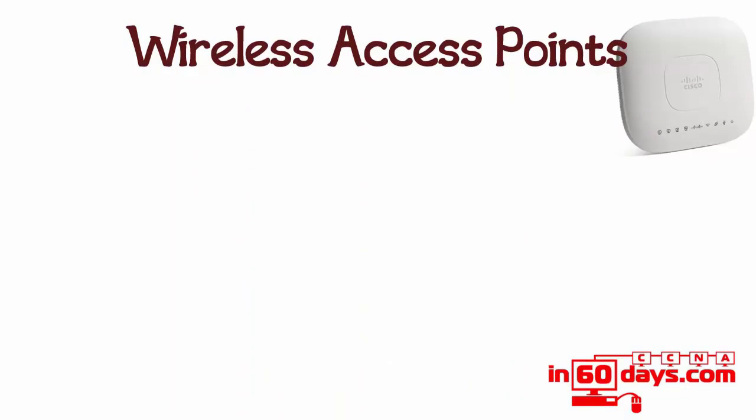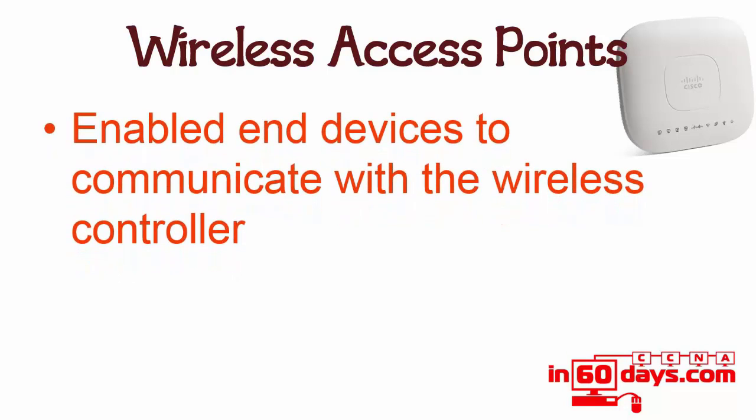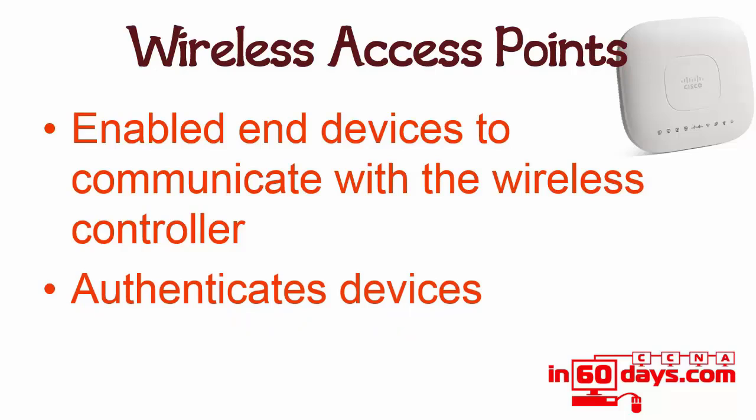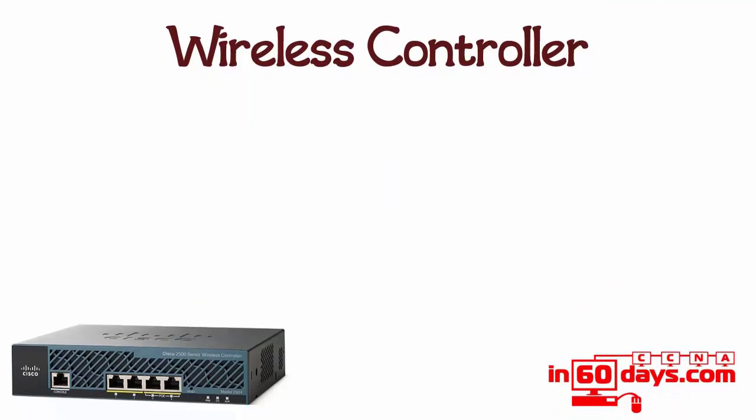Speaking of access points, there's a picture of one on the top right there, a Cisco one. Wireless access points enable end devices to communicate with your wireless controller. It also authenticates devices. Now all of these functions can actually be passed over to your wireless controller.